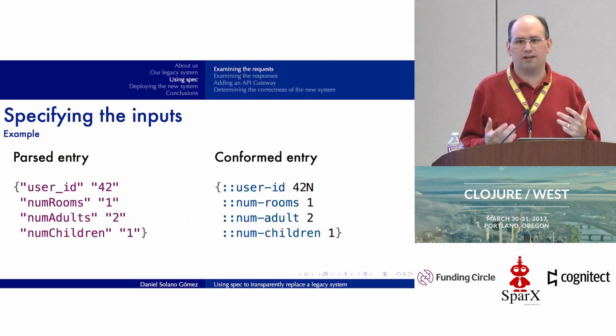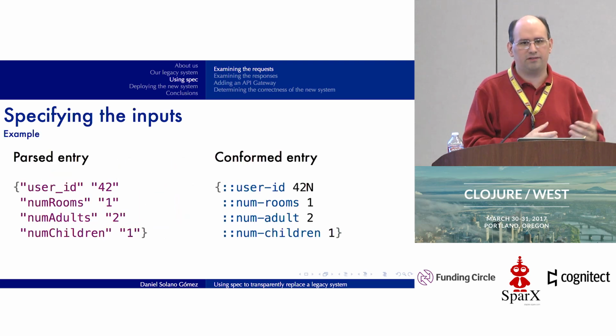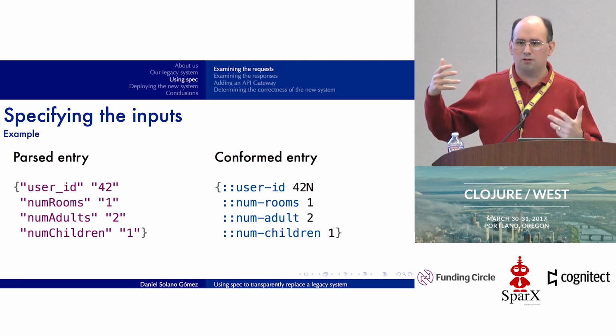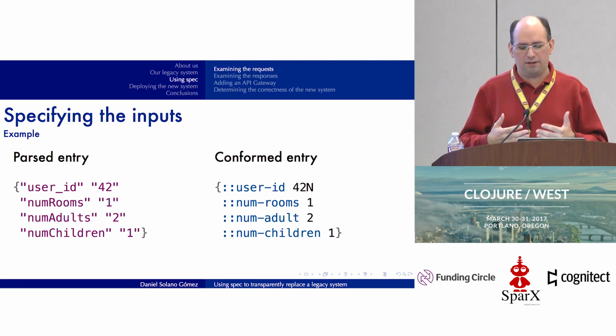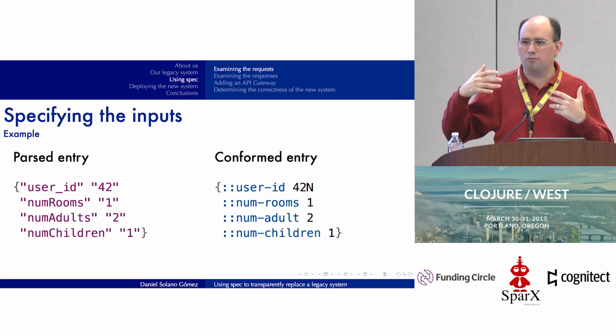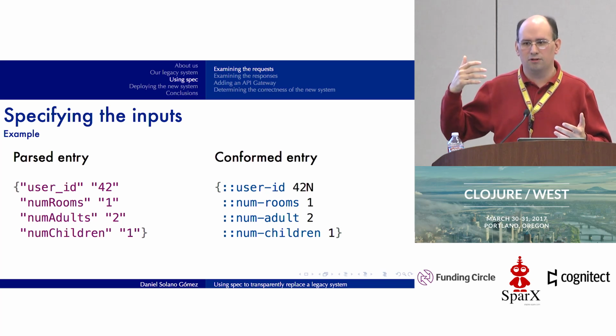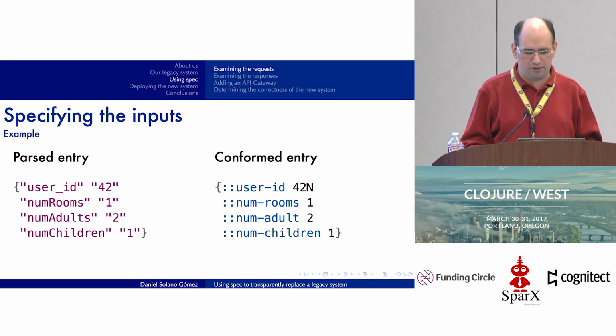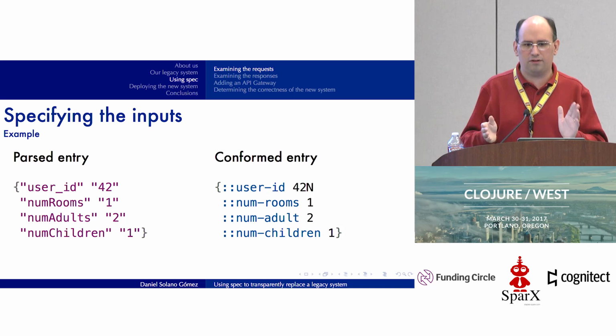So what this kind of looks like in practice is that we have our parsed entry, and we will write a spec that, when you conform that entry to that spec, you get this conformed entry.